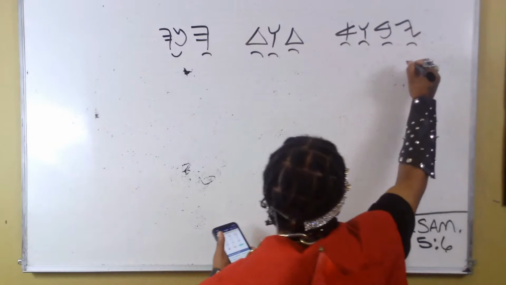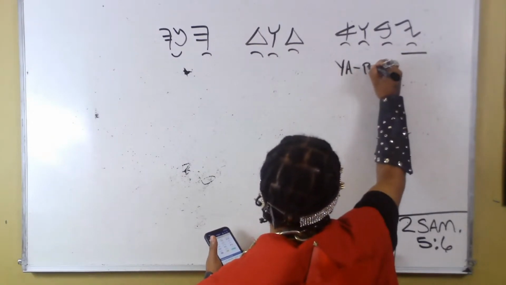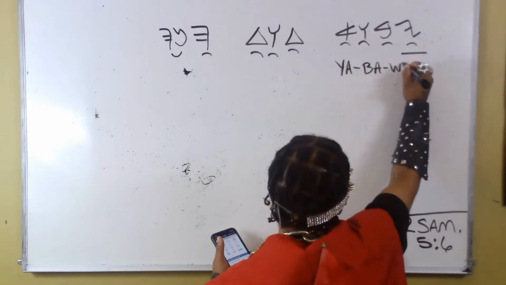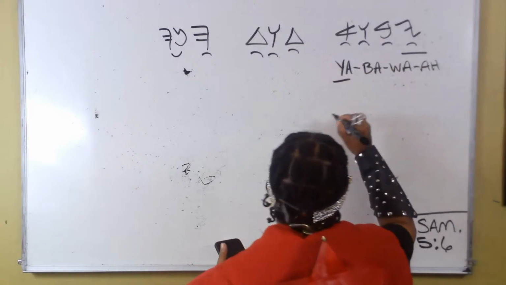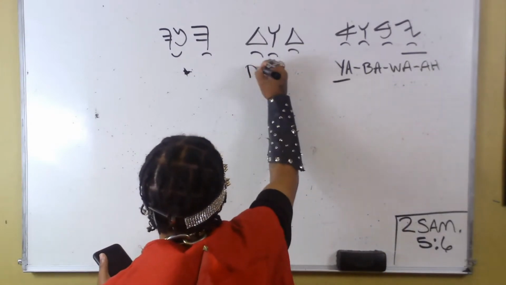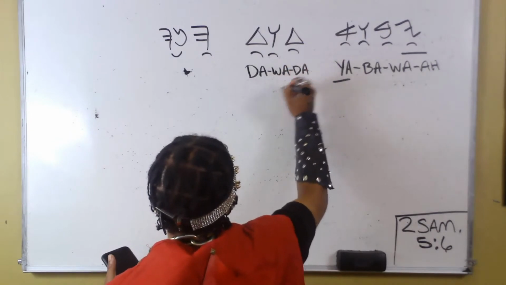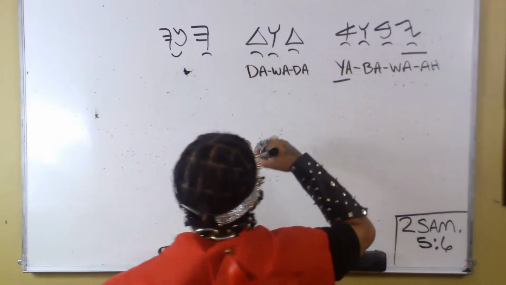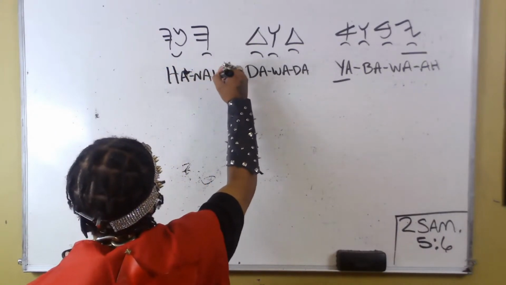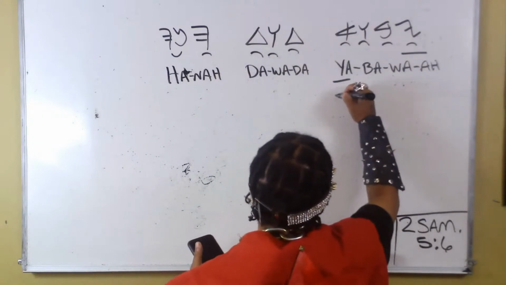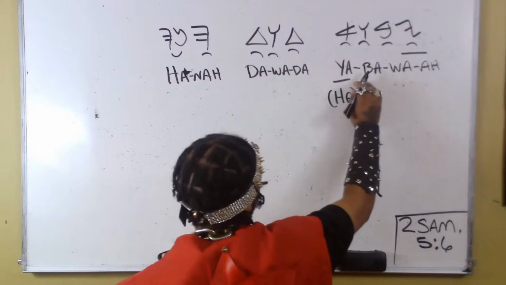Okay, Yah at the beginning, you know, is a connector. Yah, Bawa'a. You already know to identify that, right? Dawada, which is King David, right? And Hana, which is here. So he, or he will, right?